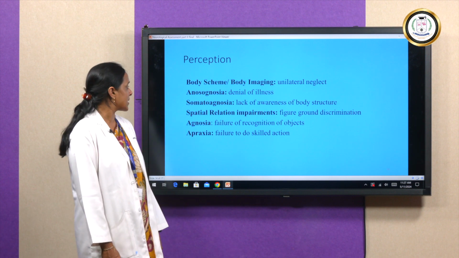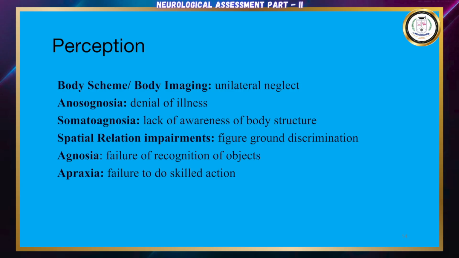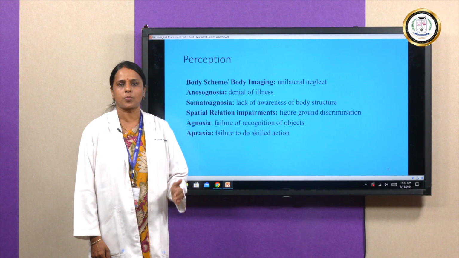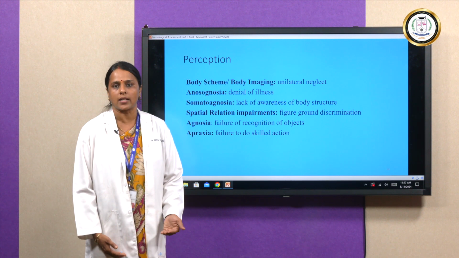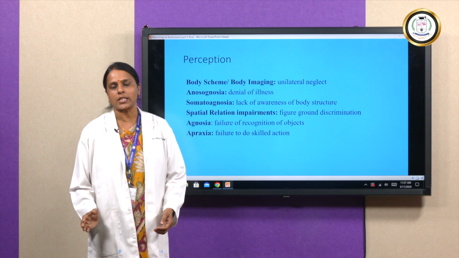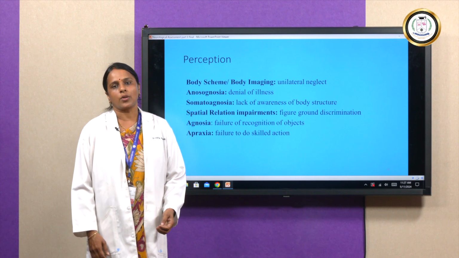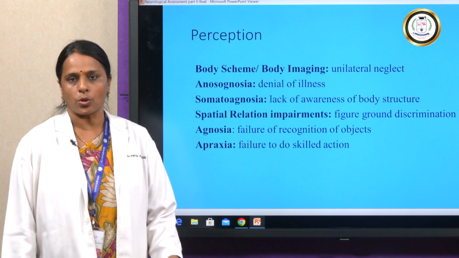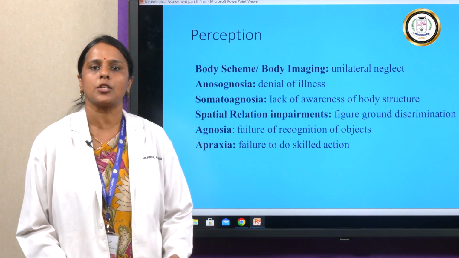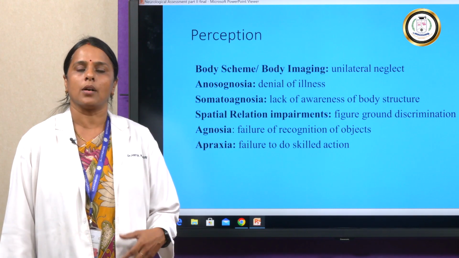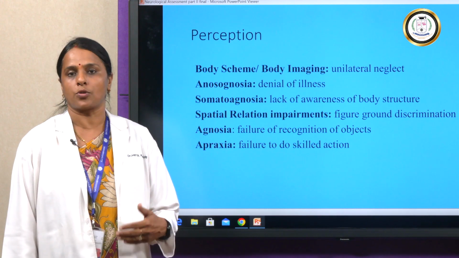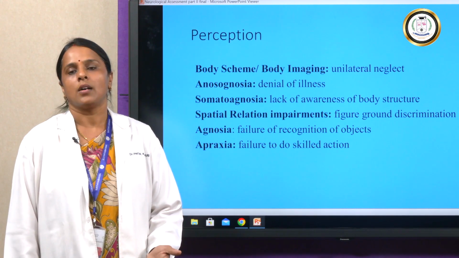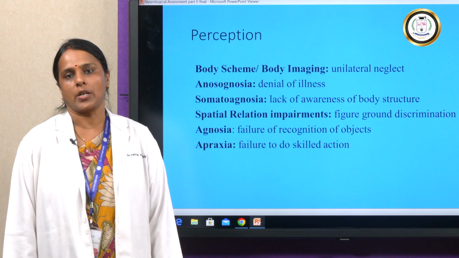For example, if a patient has unilateral neglect, suppose right side neglect, that means the patient will not observe anything present on the right side, and will focus only on the left side. They are unaware of the right side of the world. So in those patients, our challenge is to make them aware of the other half, along with the other treatment we are giving them.